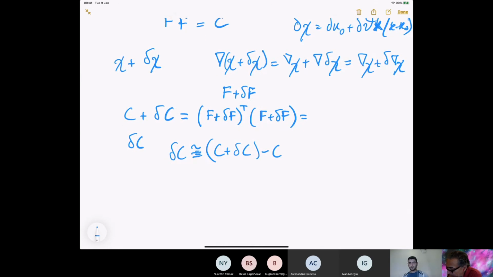I get f transposed plus delta f transposed times f plus delta f.